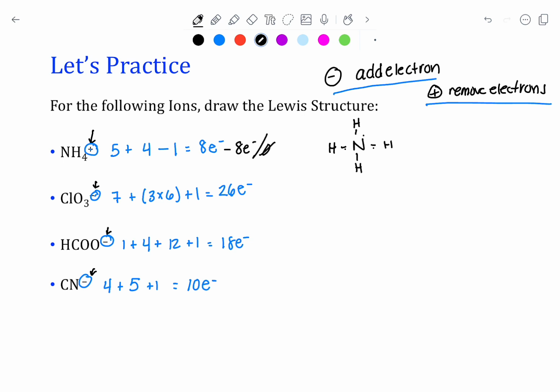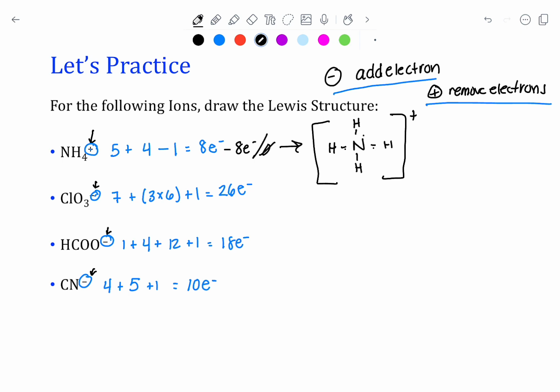I have no electrons left. My hydrogens all have duets. My nitrogen now has an octet because it has 4 bonds around it. So the last thing I have to do is surround this with a bracket and put my charge. So that is my structure for NH4+.